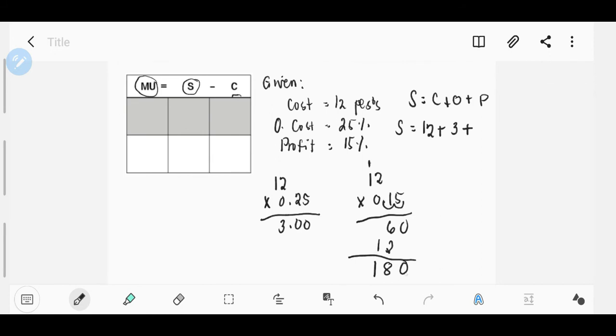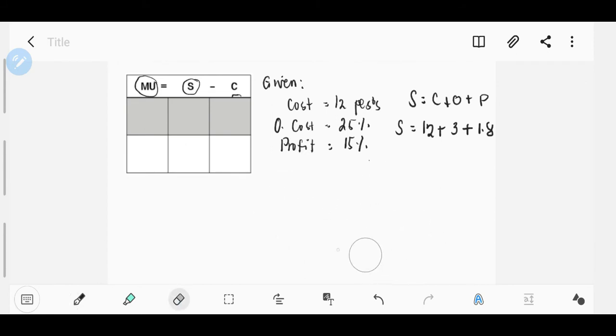That's 1, 2, 1.8. So, plus 1.8. Okay, burahin ko na tong computation sa baba. Okay. So, add lang natin lahat. 12 plus 3, that's 15. Plus 1.8, that is 16.8. So, this is our selling price.